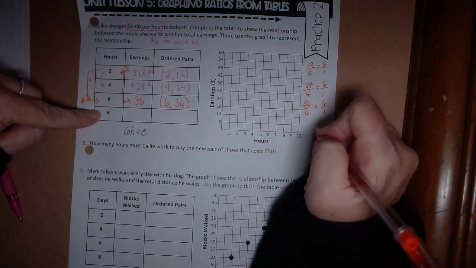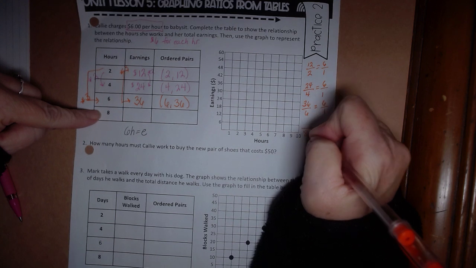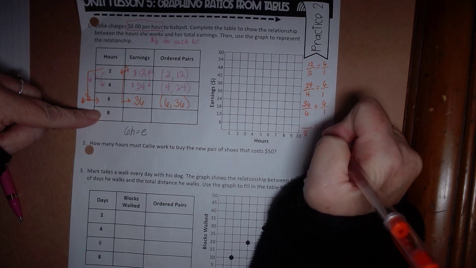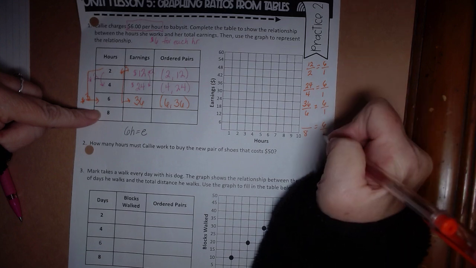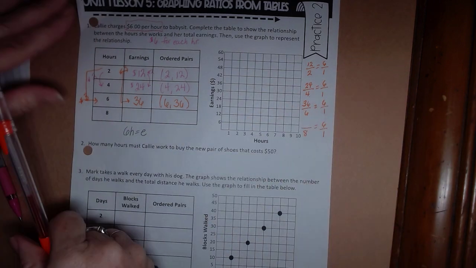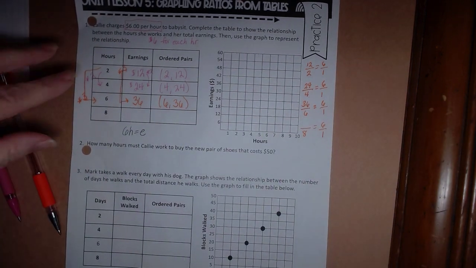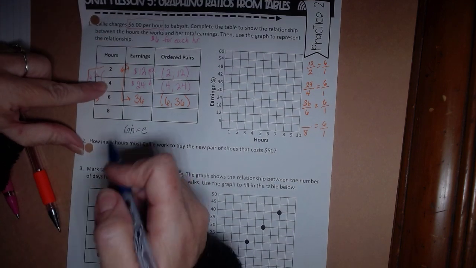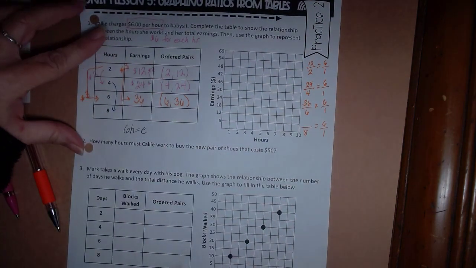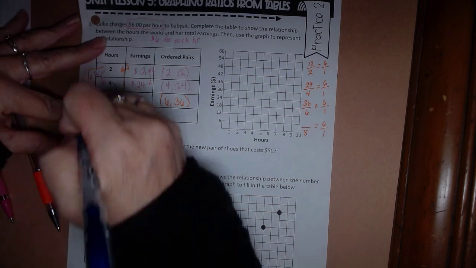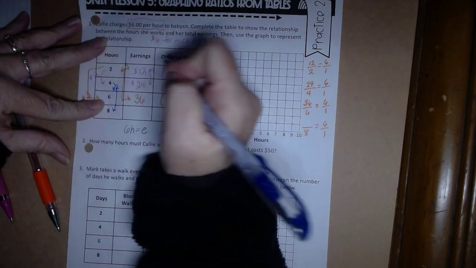Okay, so in order for our 8 to work, it needs to be able to simplify to 6 over 1. So how do we go from, we could do any of these. Maybe we'll do the 4. 4 to 8 is a times 2.